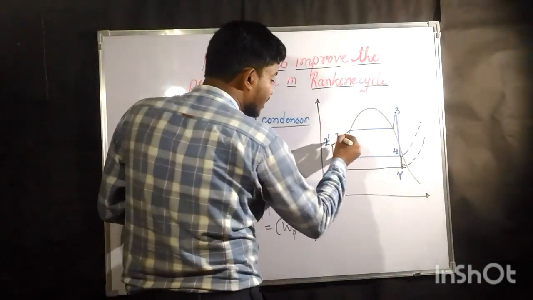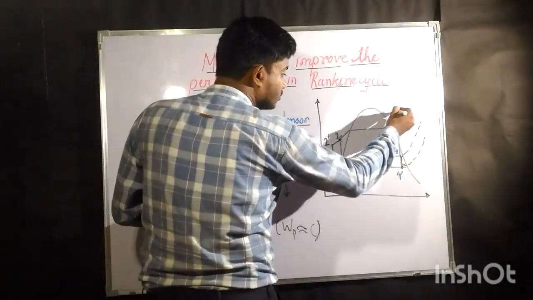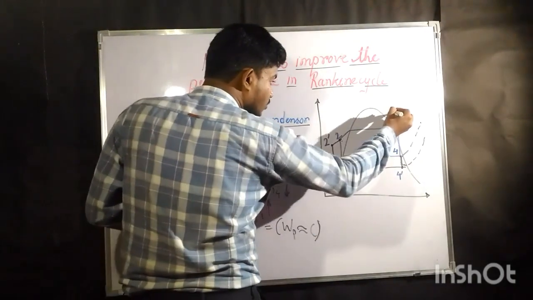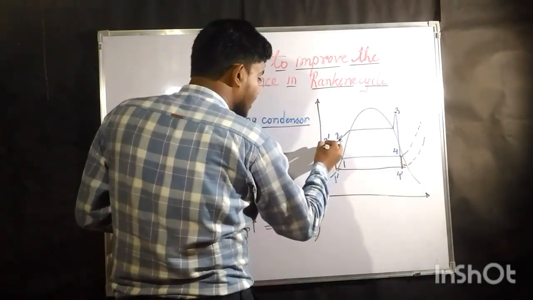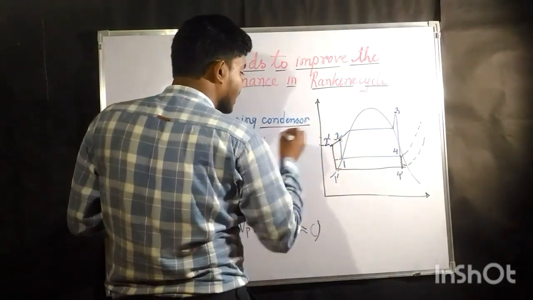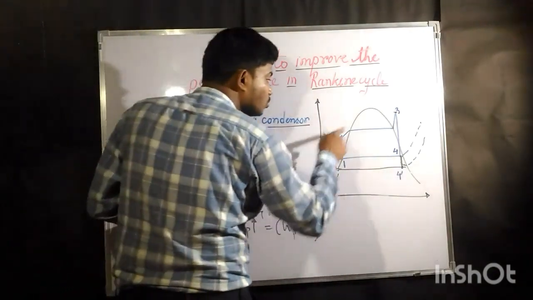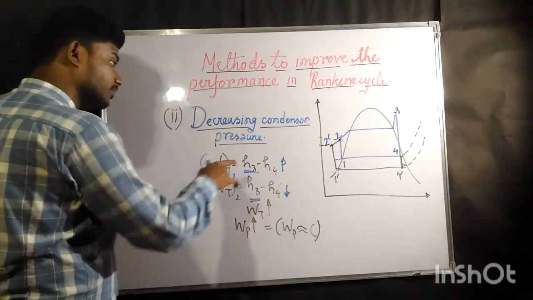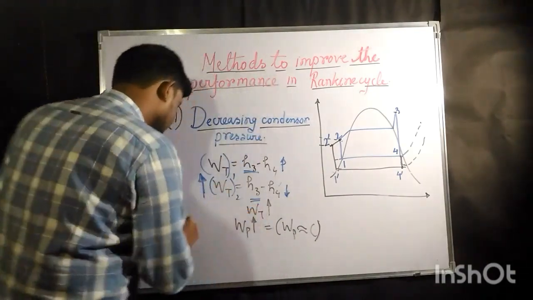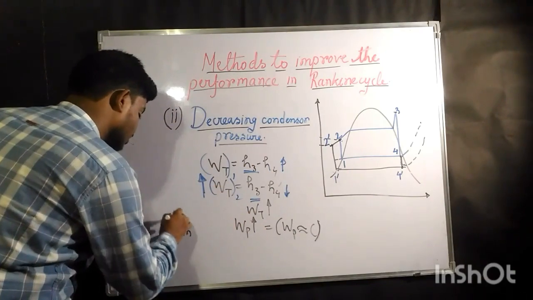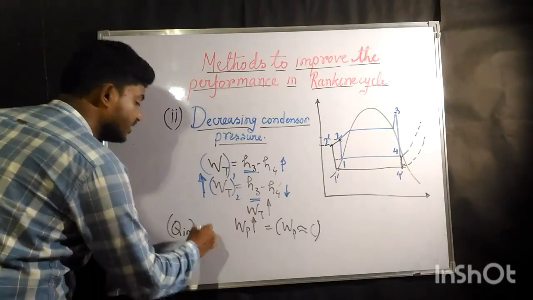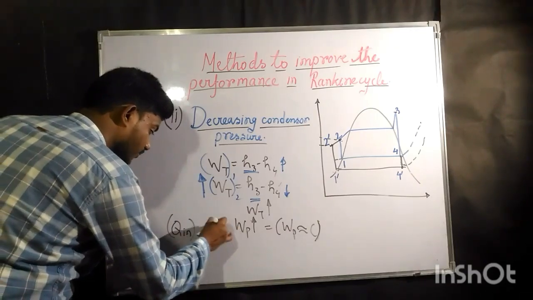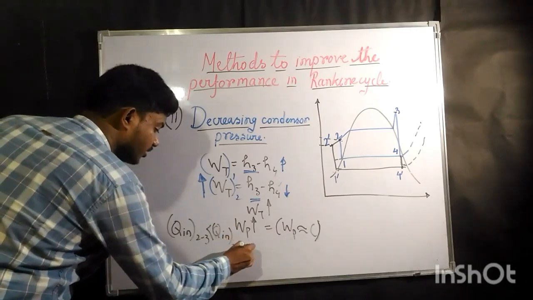Previously we had to heat it from 2 to 3. Now we had to take it from 2 dash to 3. 2 dash is at a slightly lower temperature, 2 is at a slightly higher temperature. So obviously the Q in, heat input for 2 to 3, is lower than Q in for 2 dash to 3.